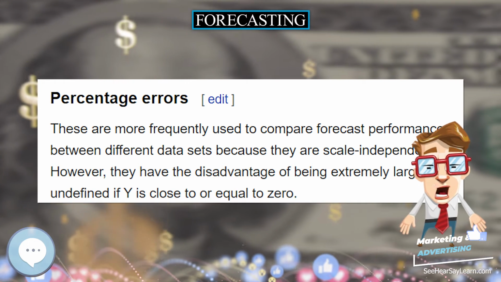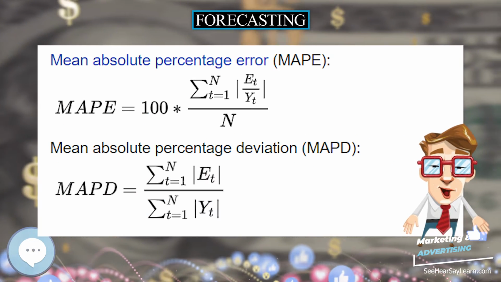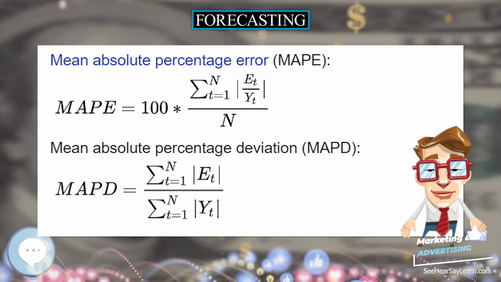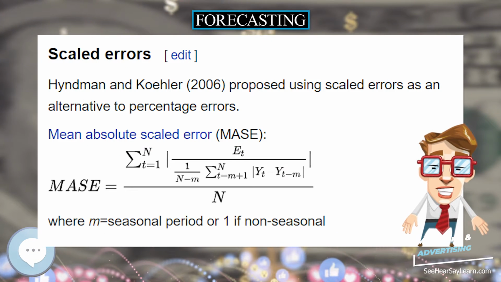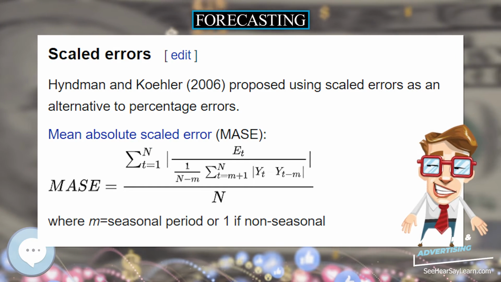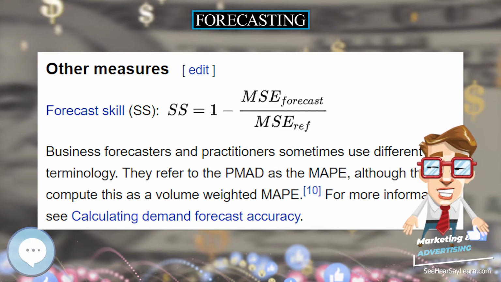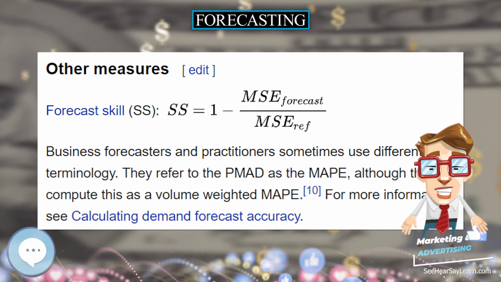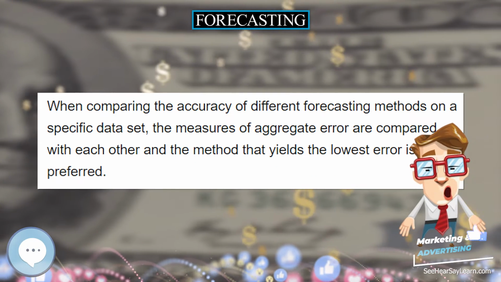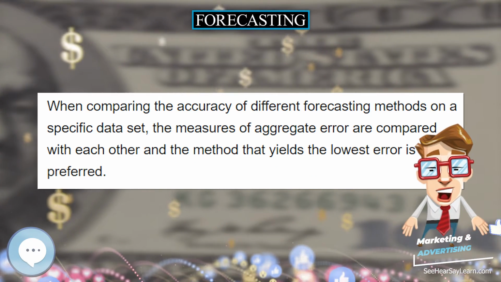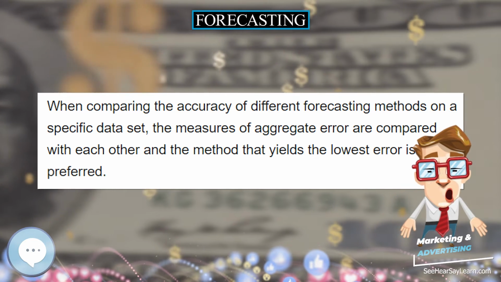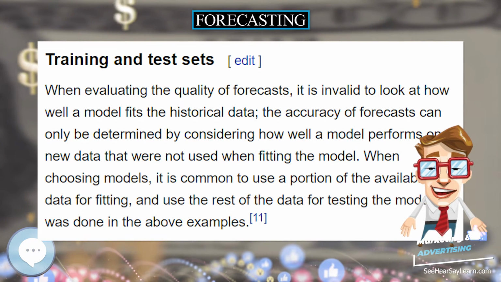Mean squared error, MSE, or mean squared prediction error, MSPE: MSE = MSPE = (sum from t=1 to n of e_t squared) / n.